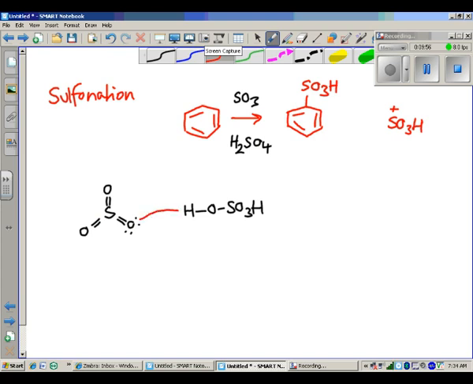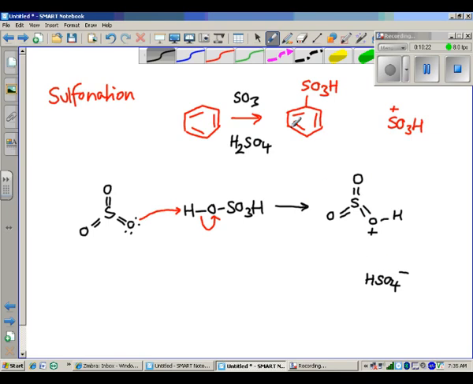So the same thing happens, and what we end up with is something that looks like this. So then we have this as well, and just as before, we have HSO4 minus.